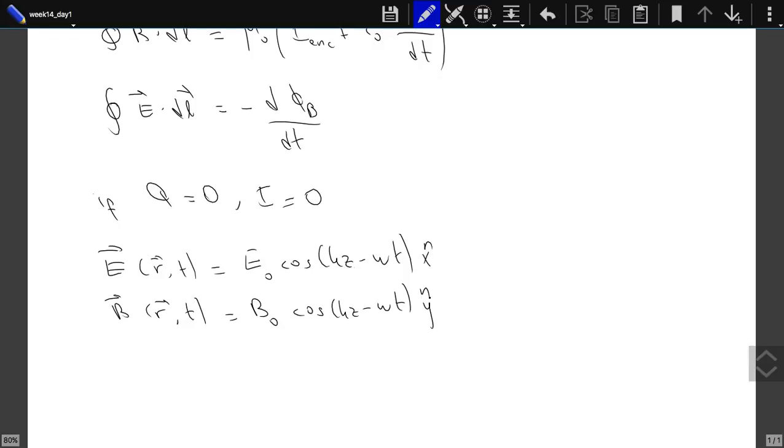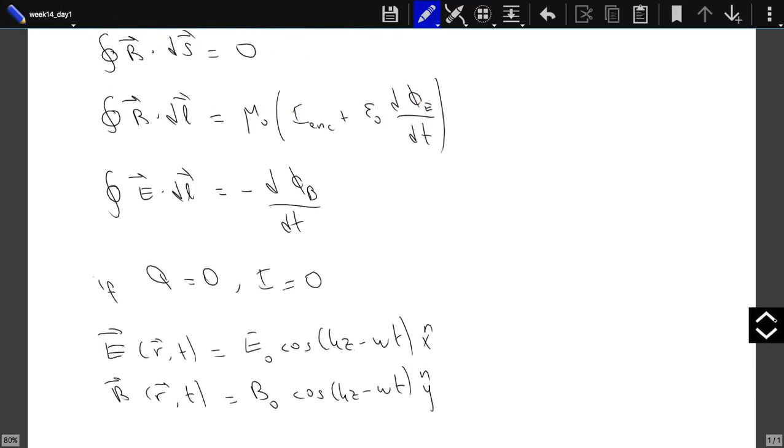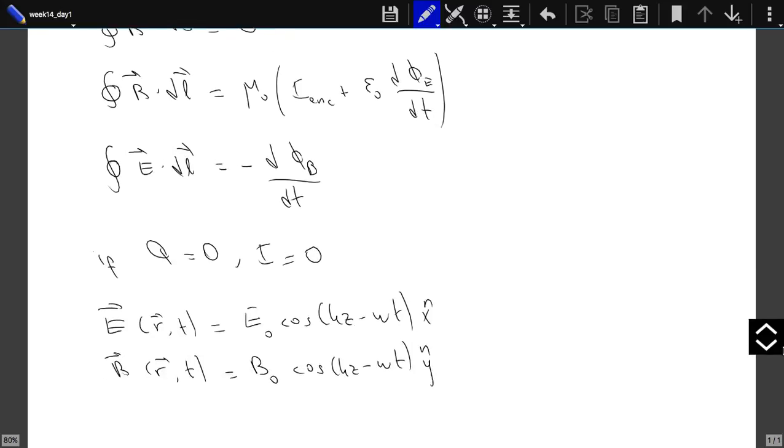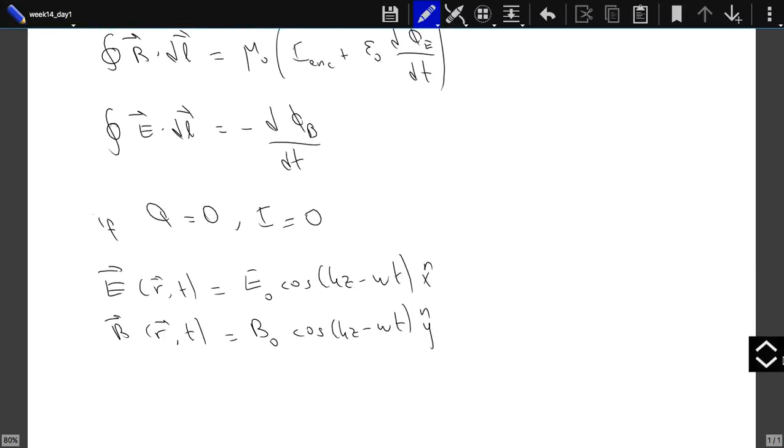Now, the next question I will be asking is, is it possible to choose k, omega, E0 and B0 such that these electric and magnetic fields satisfy my Maxwell's equations? Because if I can show that they do, then I have a prediction. And that is, Maxwell's equations predict the existence of electric and magnetic fields that behave like this.